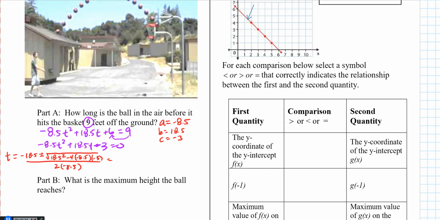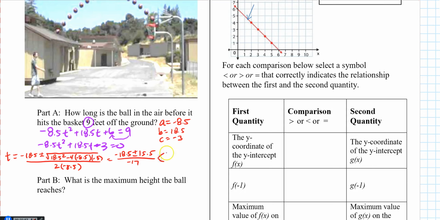So I'm going to actually use the calculator to take the square root of the inside. The square root of 18.5 squared minus 4 times negative 8.5 times negative 3 is 15.5. And that's all over negative 17.